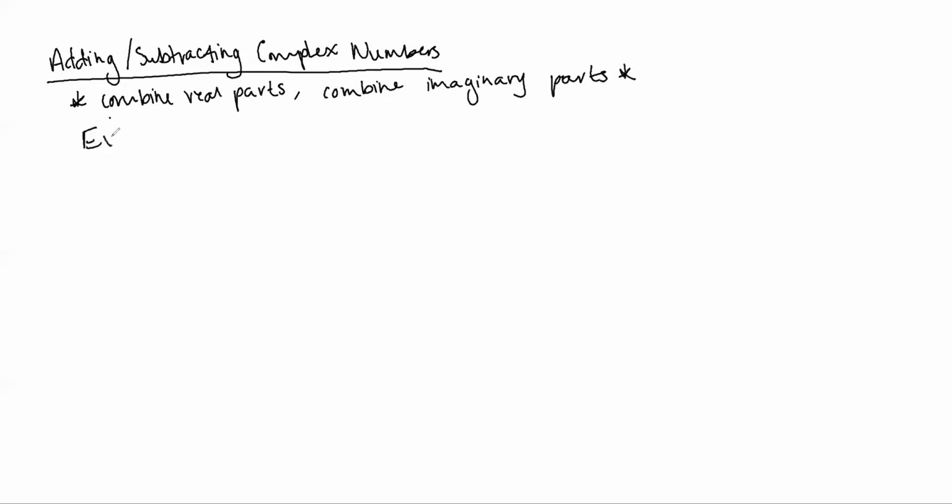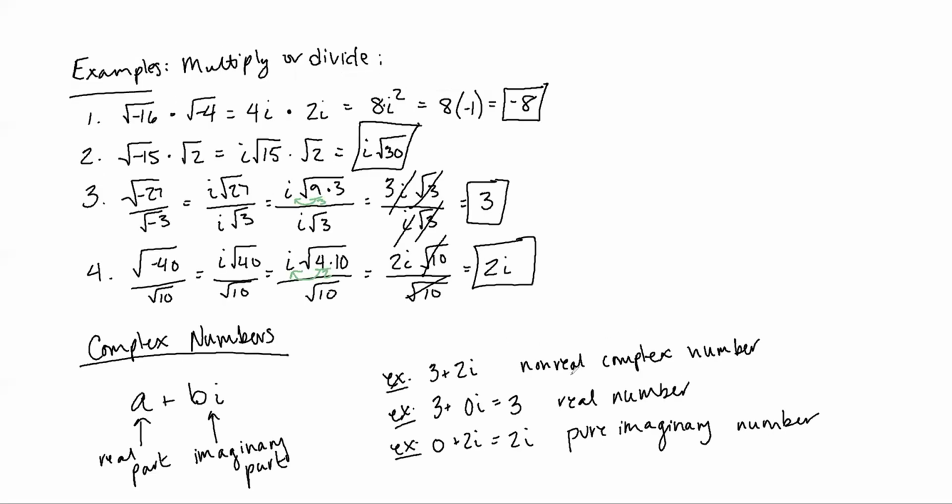Okay, so some examples here. So we're told to simplify. And number 1, we're given in parentheses 4 plus 6i, so that's our first complex number, plus -3 plus 5i. So out of our 3 categories over here, these are both non-real complex numbers.